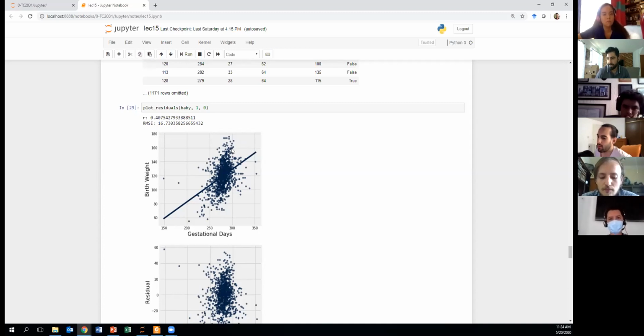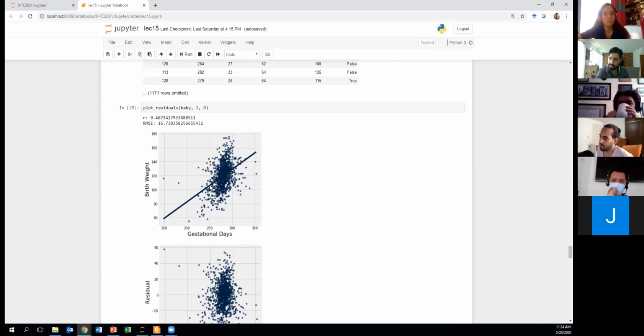So based on this regression line, for example, if the baby is in the womb 250 days, I'm predicting the baby weight would be somewhere around 110, I don't know what the unit is here. For gestational day 250, I go to my regression line, I see this is my fitted value, so I predict the baby weight should be 110. For 350 days, I'm predicting the baby weight should be 150, somewhere around that.